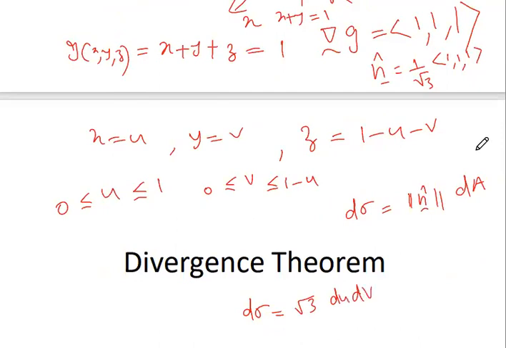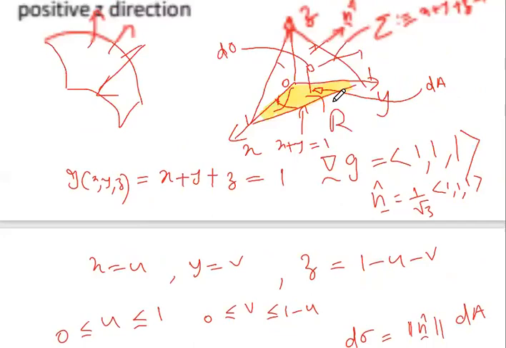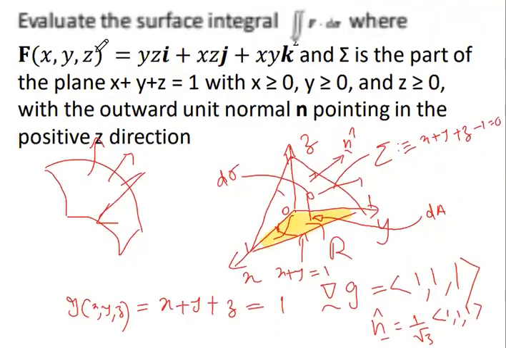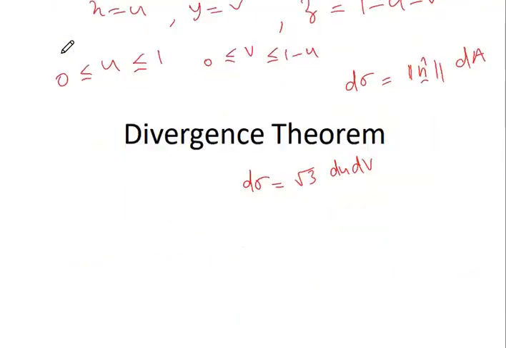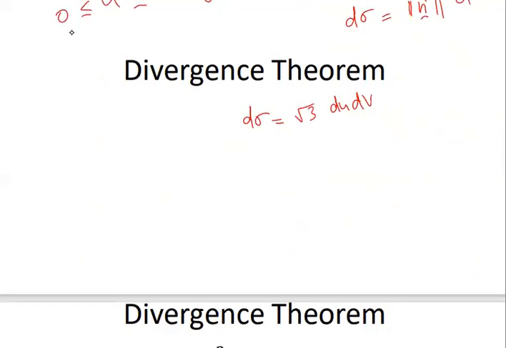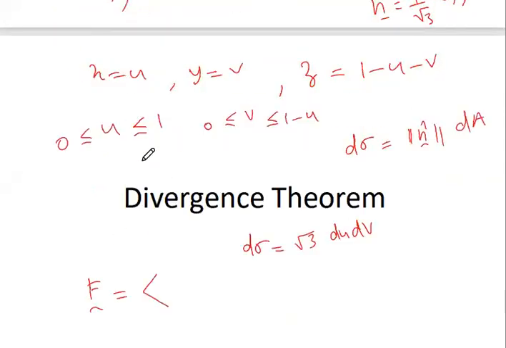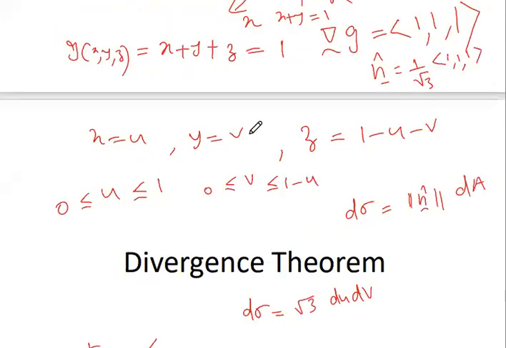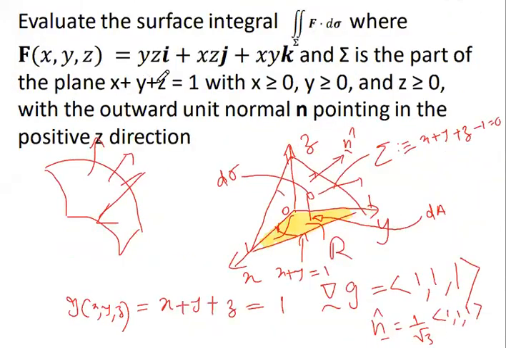So this is the conversion. Okay, so we know the vector field. The vector field is F, written in terms of x and y. I would like to write that in terms of u and v.